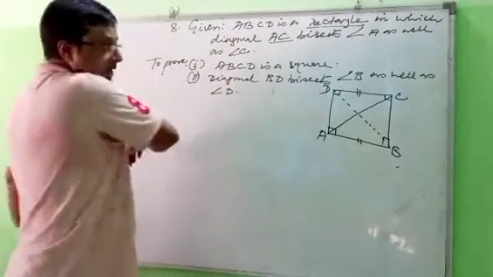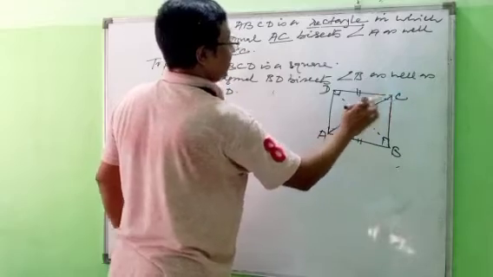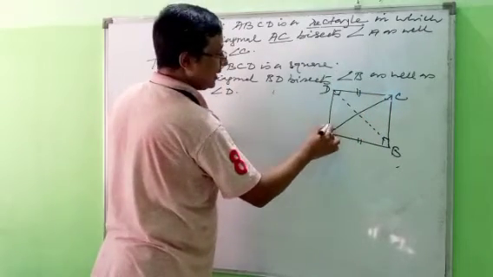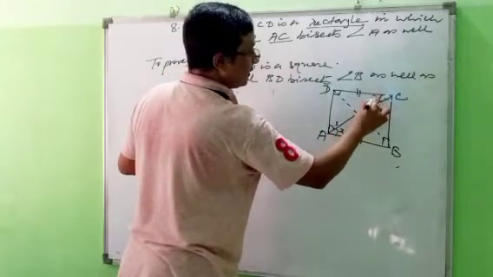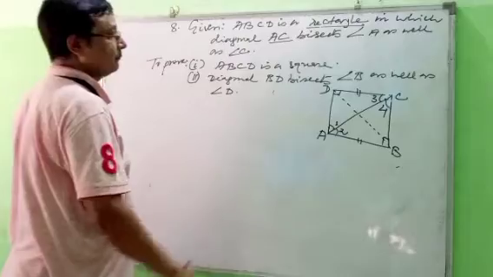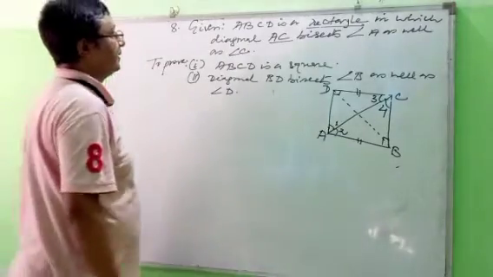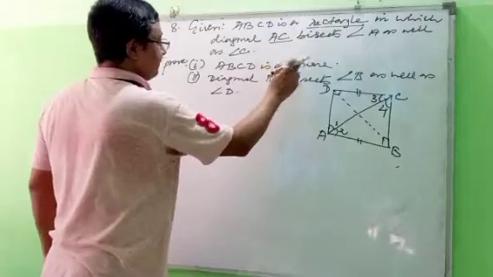Now here AC bisects angle A and angle C. So you take this as angle 1, then angle 2, angle 3, and here angle 4. Let us say ABCD is a square.